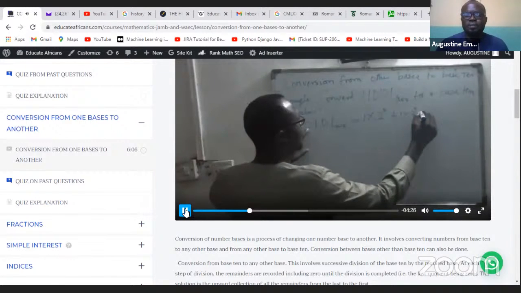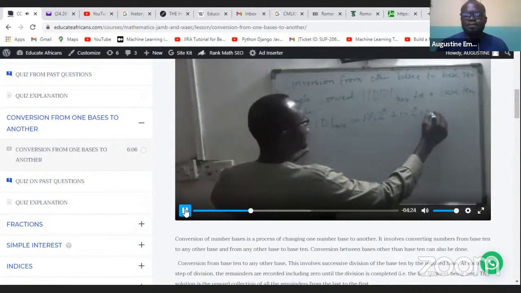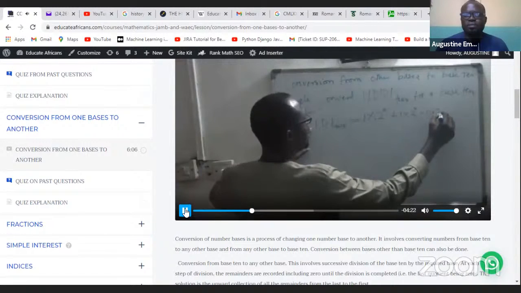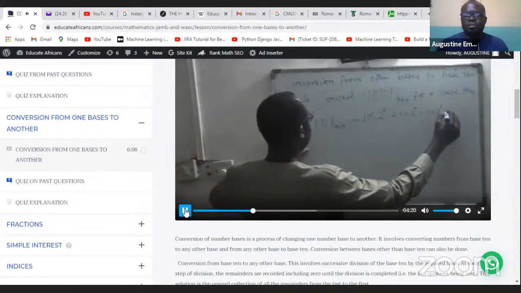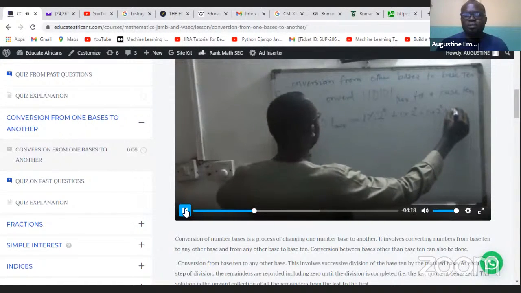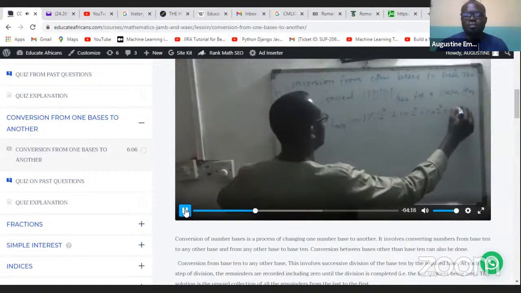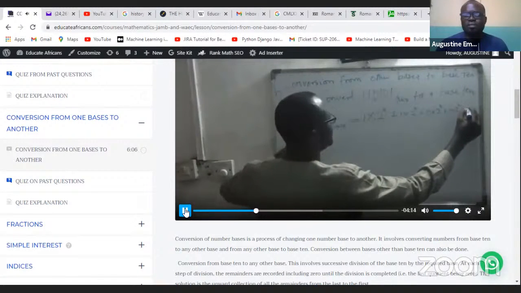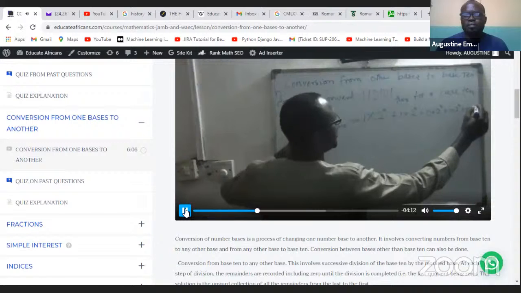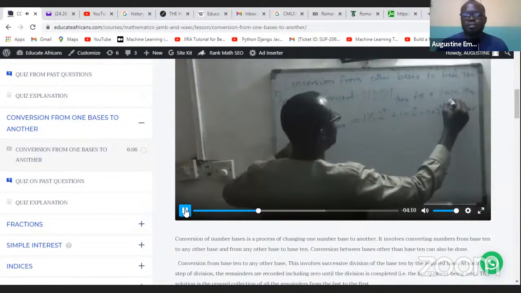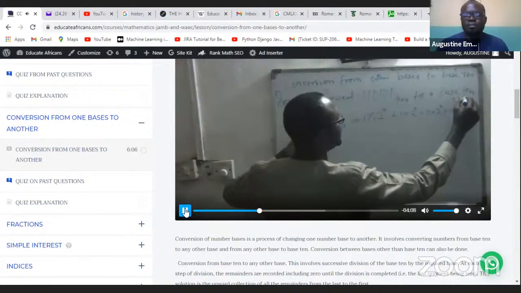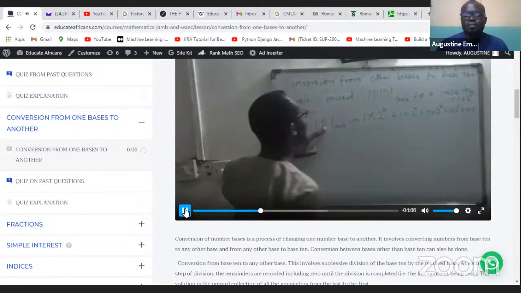We take the third number, which is 0, times base 2, all to the power 3. Plus the next number, 1, times 2, all to the power 2. Plus the next number, 0, times 2, all to the power 1. And finally, plus the last number, 1, times 2, all to the power 0.